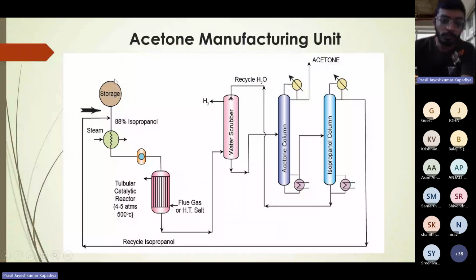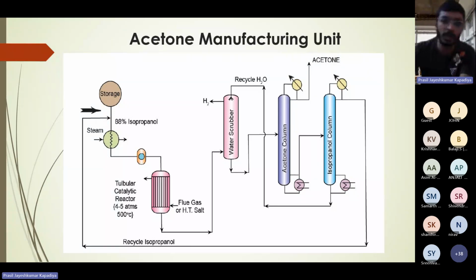From the storage tank, isopropanol is first sent to the reactor. That reactor is a tubular reactor, but as I mentioned, the reactor conditions are high temperature, 500 degrees Celsius, and 4 to 5 atmospheric pressure.